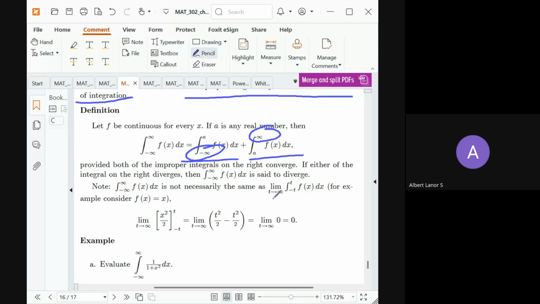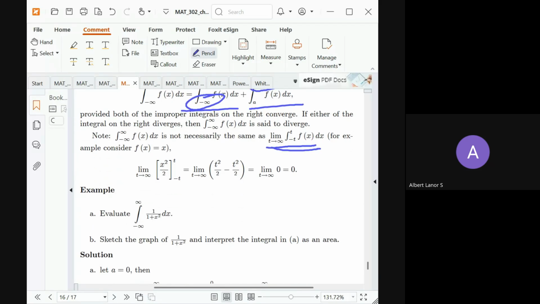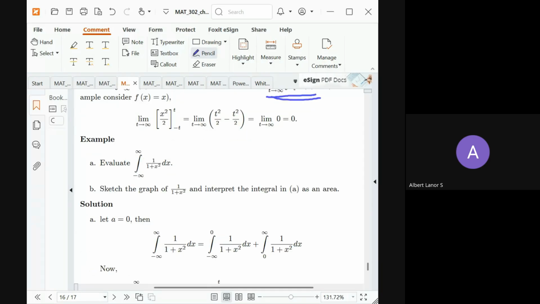Now, note that integrating from minus infinity to infinity is not the same as integrating from t to minus infinity. So when you have from minus infinity to infinity, you must break it at a point before you progress. Now, in this example, we want to integrate from minus infinity to infinity 1 over 1 plus x squared dx.